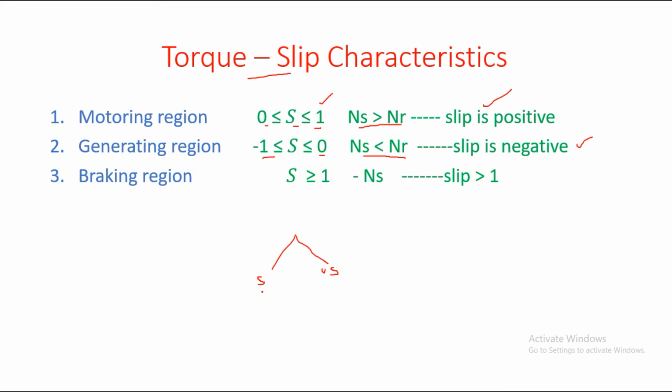For the stable region, the torque slip characteristics follow a straight line behavior, and for the unstable region the torque slip characteristics look like a rectangular hyperbolic function. And these two regions can be predicted by using the value of slip.